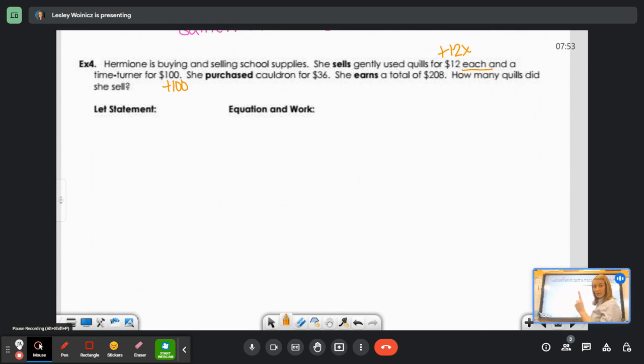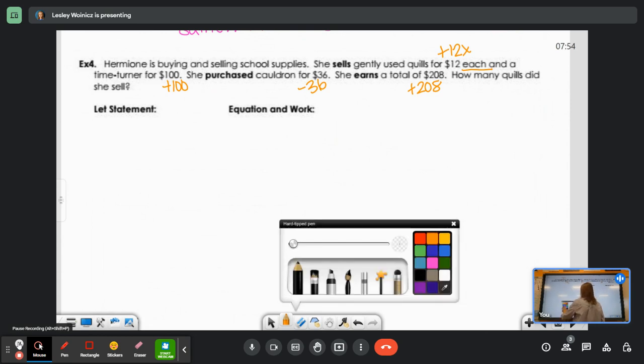It's just the one time turner. So no x. Okay, purchases a cauldron for 36 bucks. That's negative, but it's just the one, so we don't put an x on it. Okay, she's going to earn a total of $208, so that's going to be a positive 208.